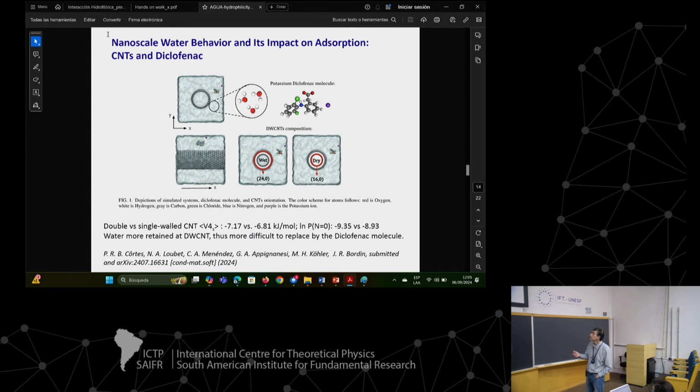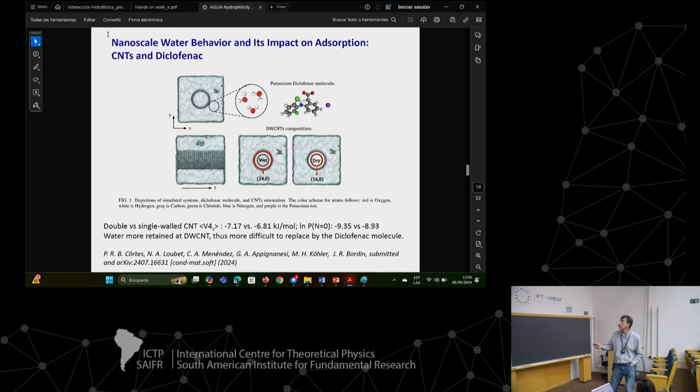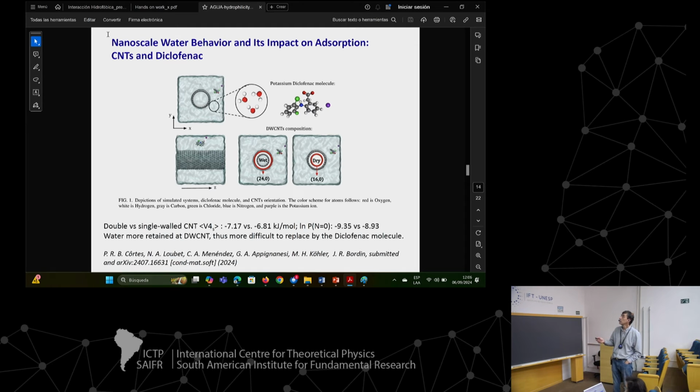We calculated, for example, the probability of cavity creation. They are a bit different, and also the mean value of B4S in the two cases, the single and the double layer carbon nanotube.